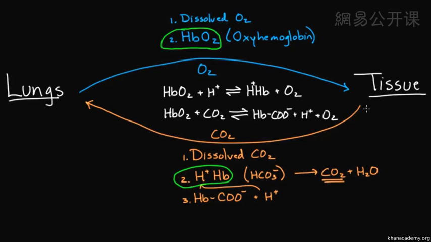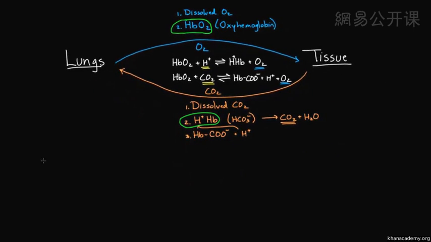So depending on whether you have a lot of oxygen around, if that's the key thing going on, or whether you have a lot of these products, the proton or the carbon dioxide, depending on which one you have more of floating around in the tissue, in the cell, will determine which way that reaction goes. So keeping this concept in mind, I could step back and say, well, I think that oxygen is affected by carbon dioxide and protons.